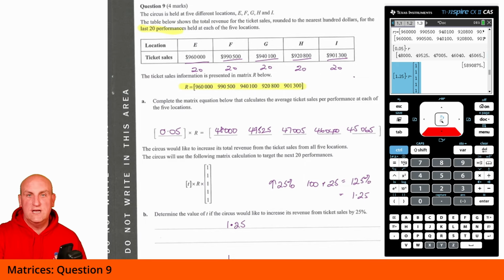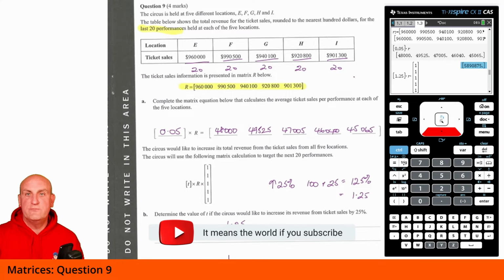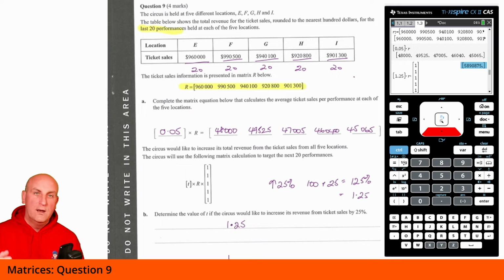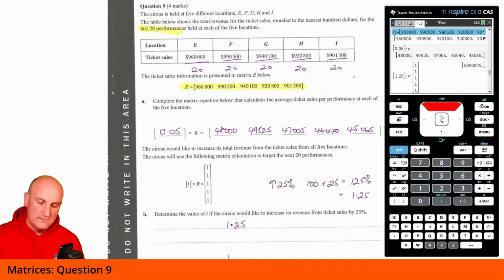And I wanted to check that that was true. So I did, as you can see on my calculator there, 1.25 times R times the summing matrix, and it gave me 5890875. And you're going to say, well, okay. Now what I basically did was I just took all the values in R, I added those together. So I added all of these values together. I added all of those values together and then I times them by 1.25 just to check that it gave me the right answer.